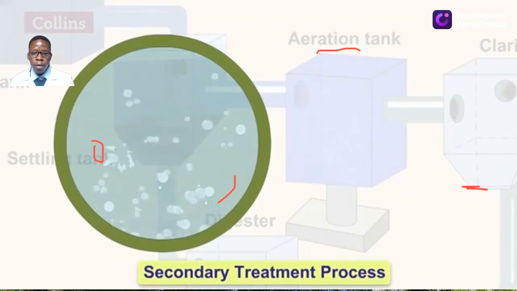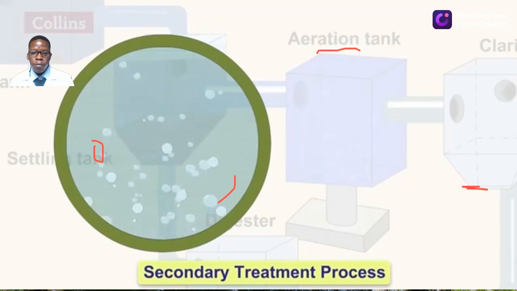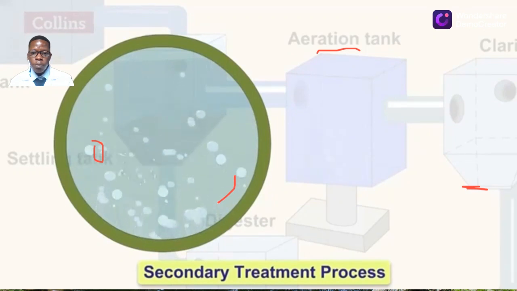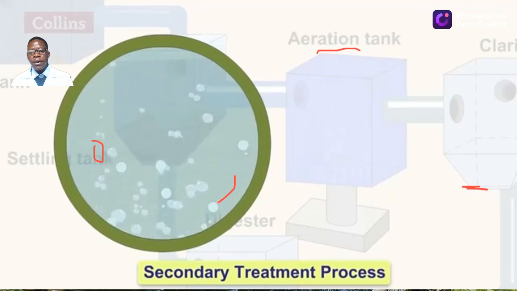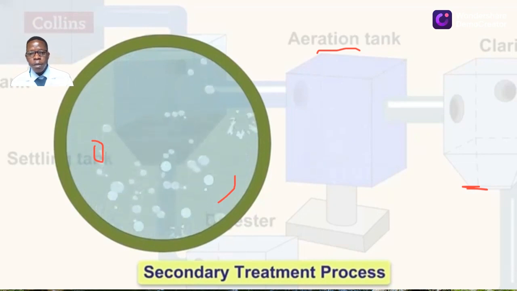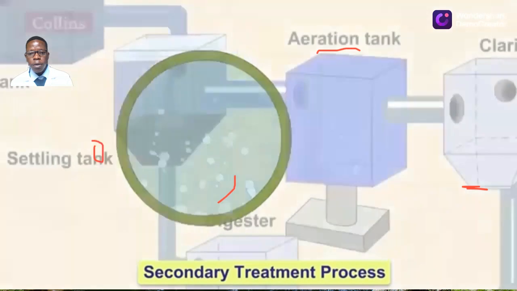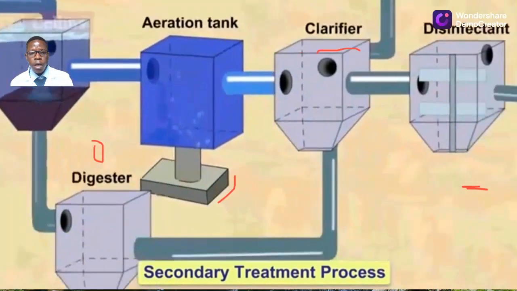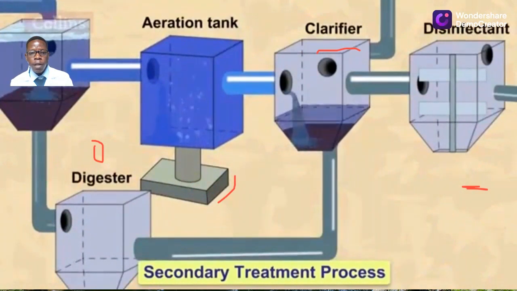So here the microbes are activated by the air, which is oxygen, and they will help us in breaking down all the organic matter that comes, and finally we shall allow the water to flow into the secondary clarifier.